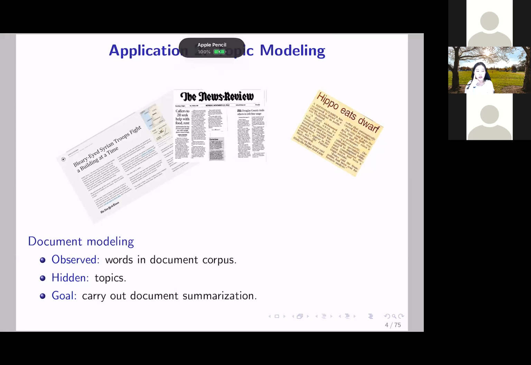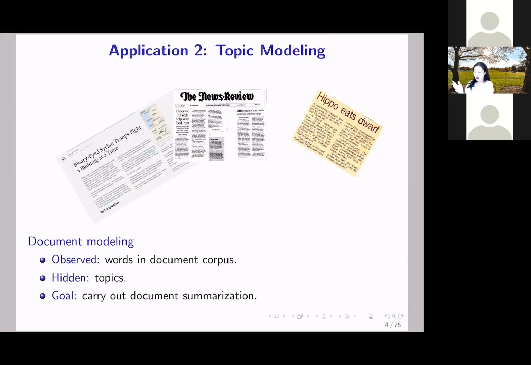So what is topic modeling? You have document modeling, right? So basically you observe words in documents or a corpus. But here, let's assume that I want to learn the topic. So this article is talking about music. Another document is talking about politics.